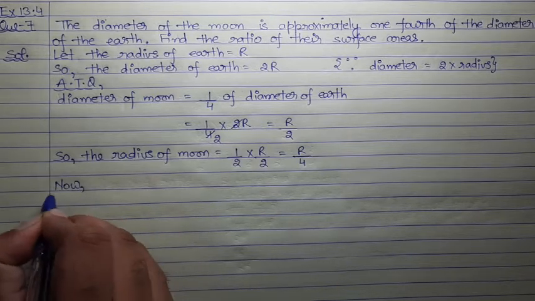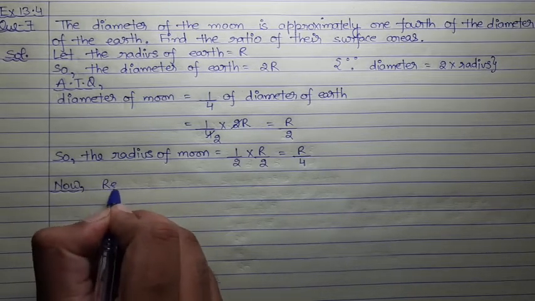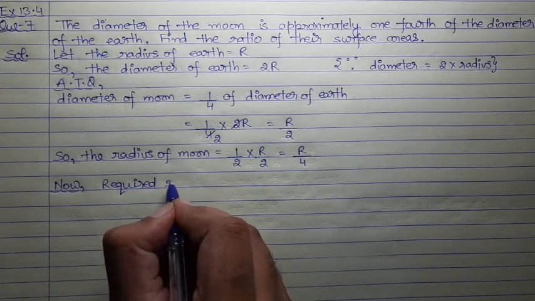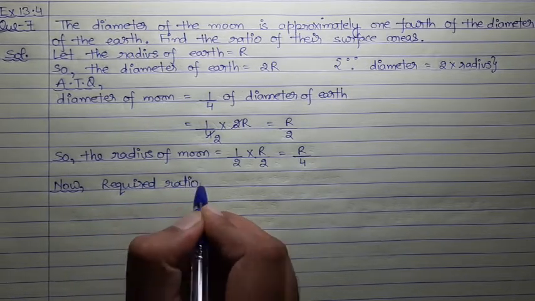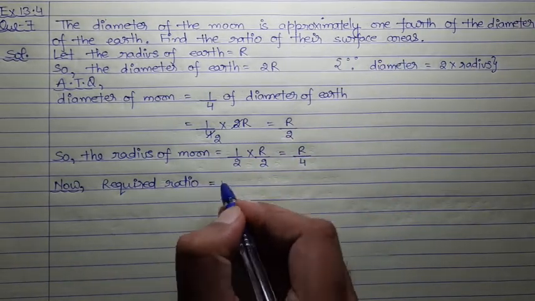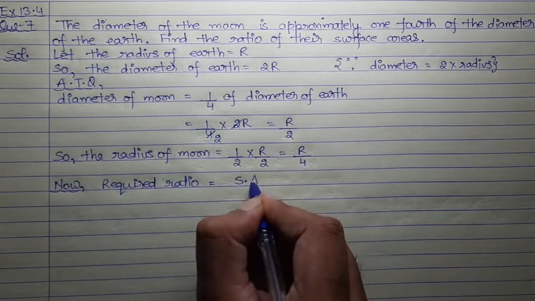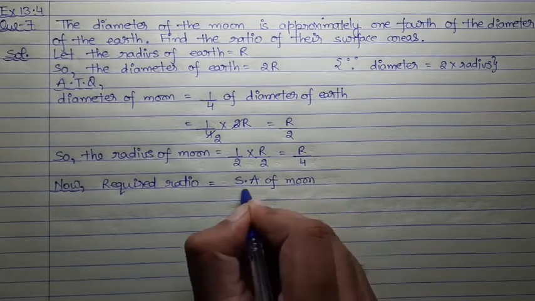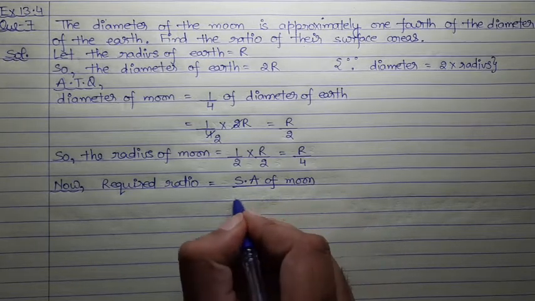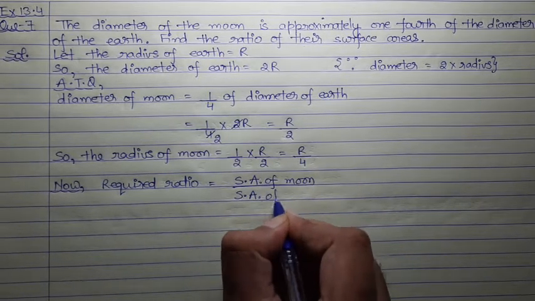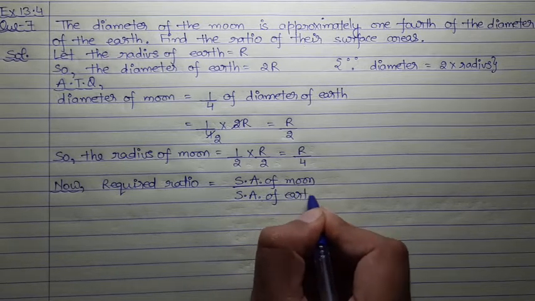Now, the required ratio of their surface areas is equal to surface area of moon upon surface area of earth.